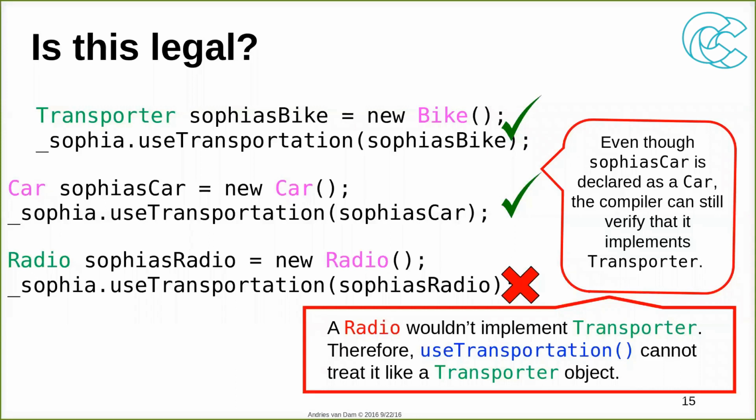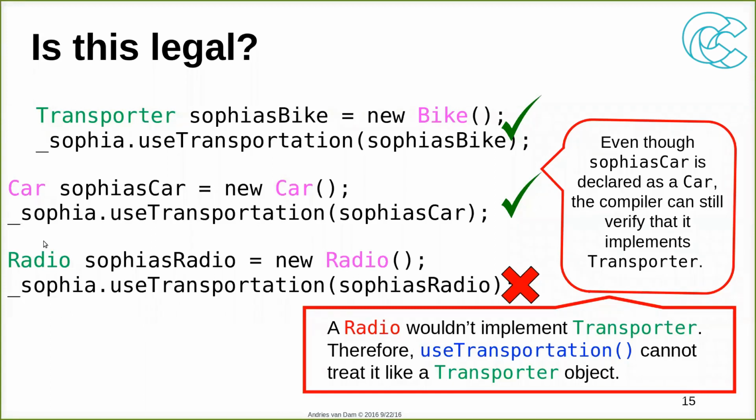That's right. When we call the original method, use transportation, it will be passed as a transporter type, because you are making that assignment. You are assigning Sophia's car, which is an instance of car, to transporter in use transportation. Within use transportation, it can only look at the methods declared within the transporter interface.